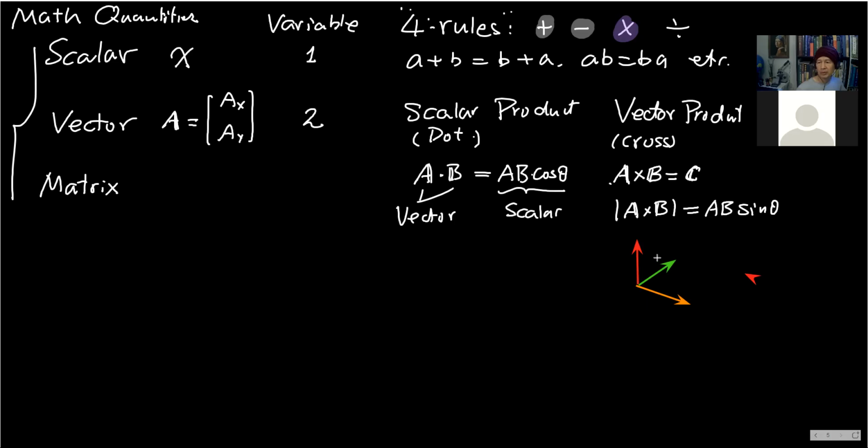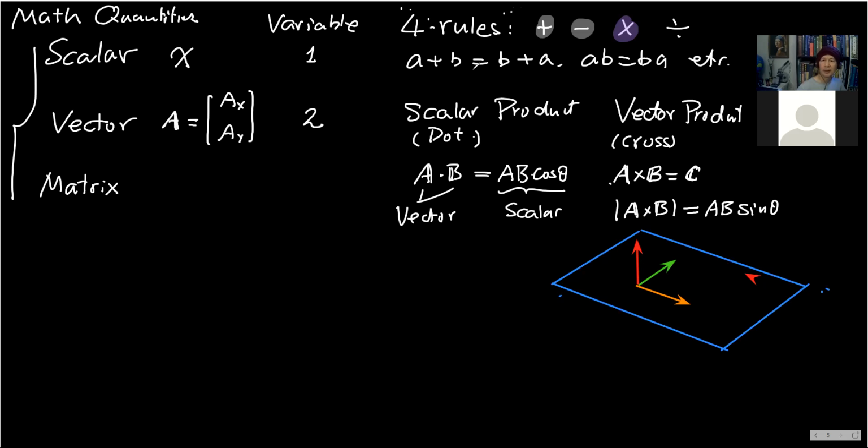Both A and B are on the same plane. This is something we need to understand, right? That is why in your textbook they use n hat. They denote the C in your textbook.